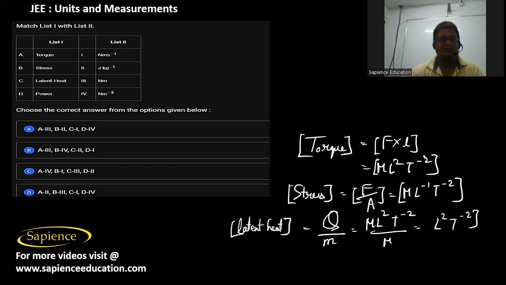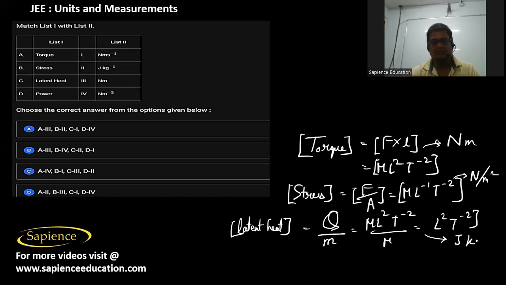So here we have to find the SI unit. For torque, it will be Newton meter, for stress, that will be Newton per meter square, and for latent heat, that will be Joule per kg. And power, that is work done by time taken, or I can say force into velocity, its unit will be Newton meter per second.